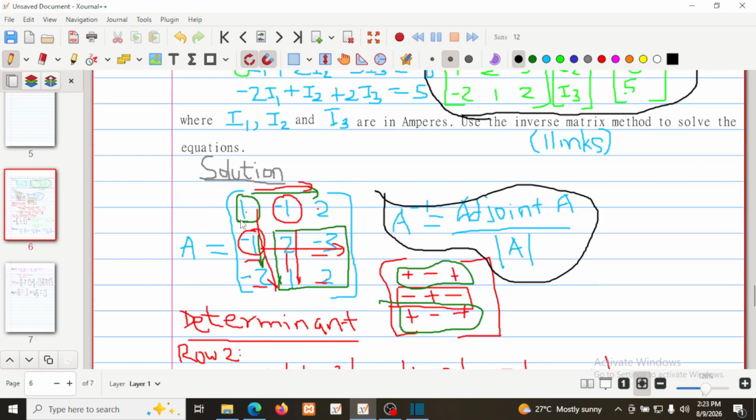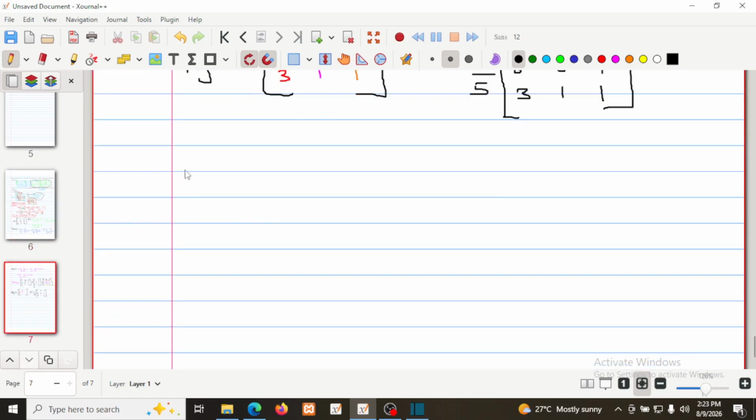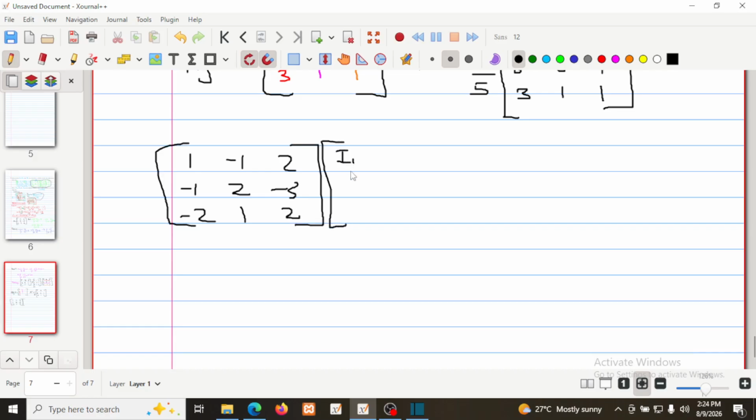I think we can rewrite it down here: 1, negative 1, 2, negative 1, 2, negative 3, and negative 2, 1 and 2, times the currents I1, I2, I3, which equals 6, negative 8, 5.